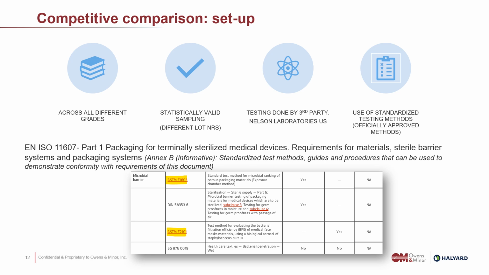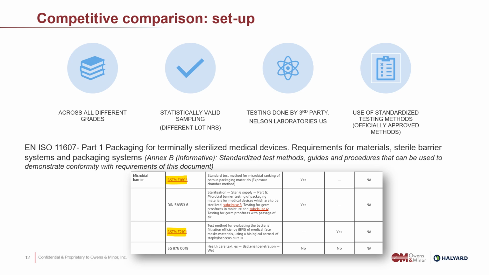The tests that have been done were across all different grades. That means the tests were done in the US, and that we went from an H200 to an H600. It was a large sample size, meaning we took several lots from the competitive material in several thicknesses, and we took several lots from our own material in the various thicknesses. The testing has been done by a third party, by Nelson Laboratories.